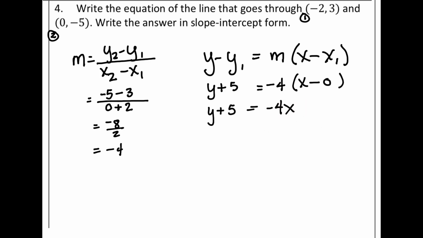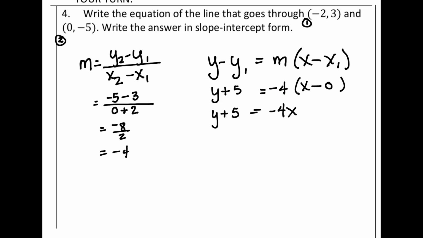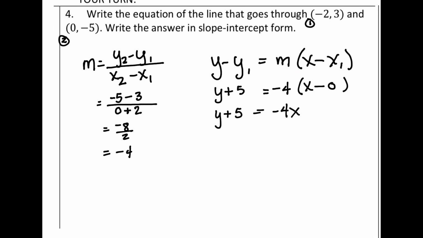I'm just going to leave it. Okay, so basically this arrow and this 0 are not necessary because it's a 0. Okay, so get y by itself. Minus 5 minus 5. Remember to leave your x term first. And there you go.